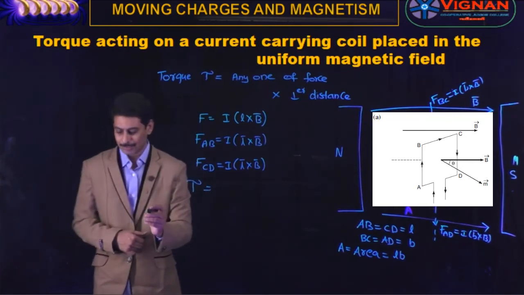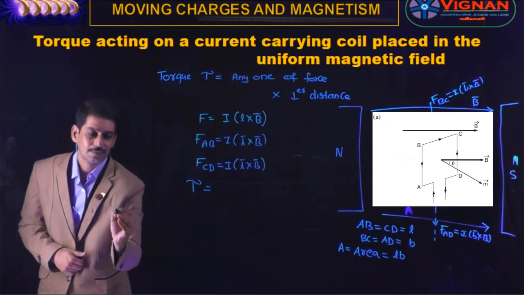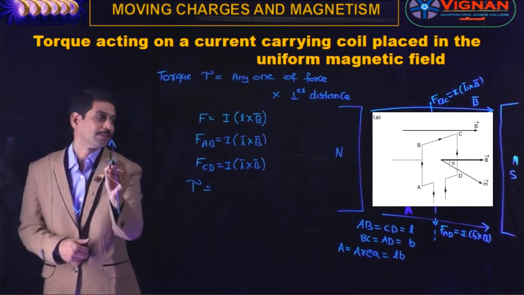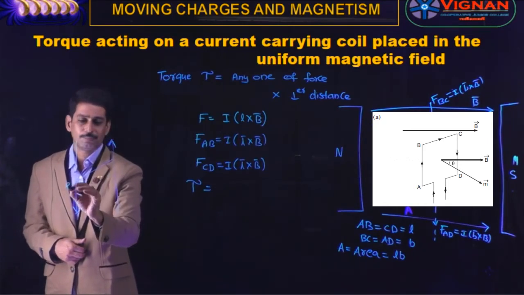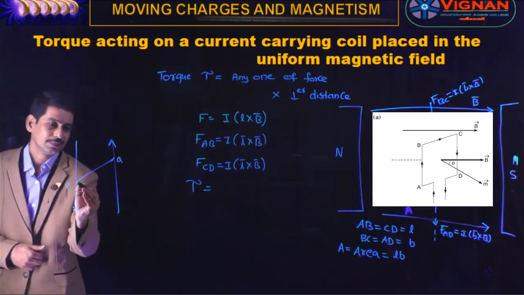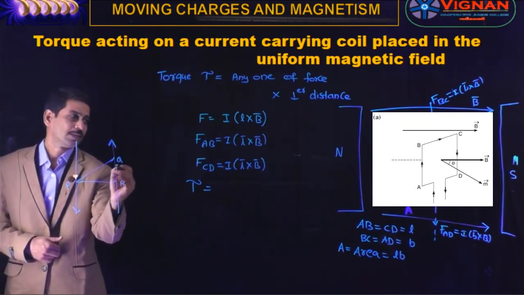So let us see the diagram here. One force is acting like this, whereas the other force is acting like this, and this is PQ. So let us consider the perpendicular distance. This is R, and this angle is theta.